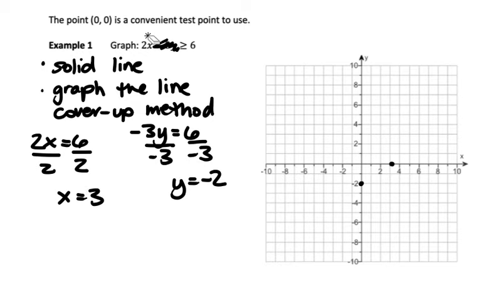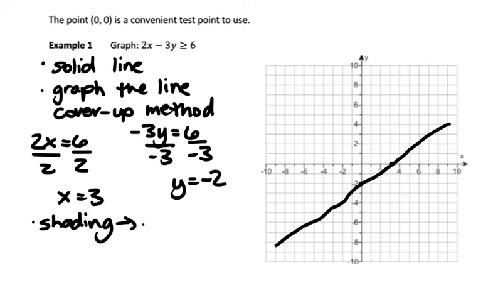And now I can draw my line. It's going to look something like that. And then my last step is to determine which side of the line should be shaded.